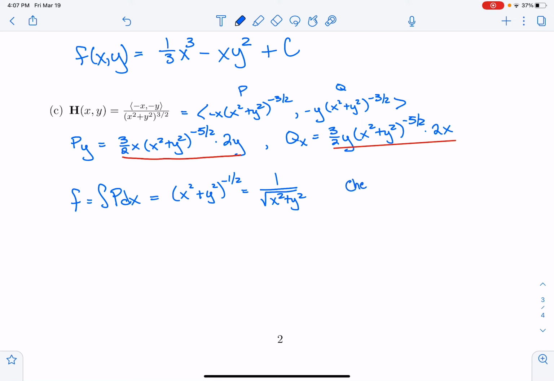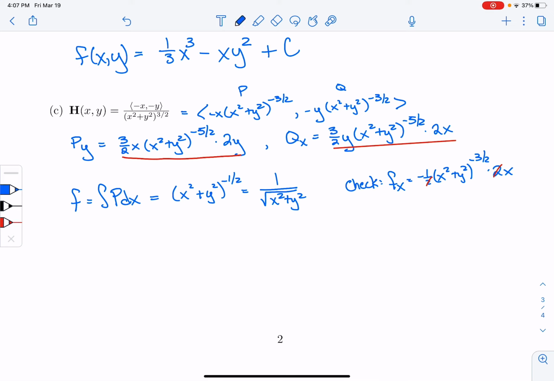So let's double check. If we check that, f sub x is going to be minus 1/2 times x squared plus y squared to the minus 3/2 times 2x. And then hopefully you'll see that the 2's cancel. And so I do get minus x times x squared plus y squared to the minus 3/2.